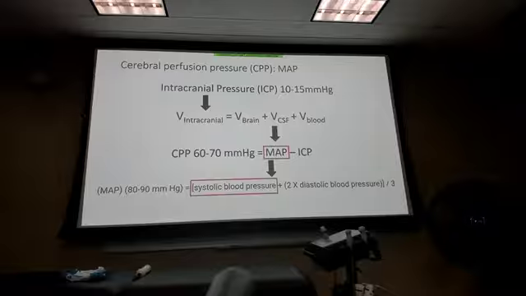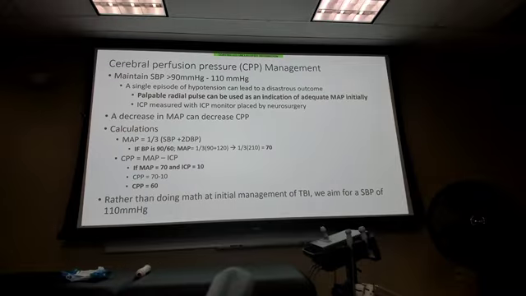We don't do anything with the diastolic. If we can maintain the systolic blood pressure above 90 but below 110, with all things being equal, we can get a CPP of between 60 and 70.